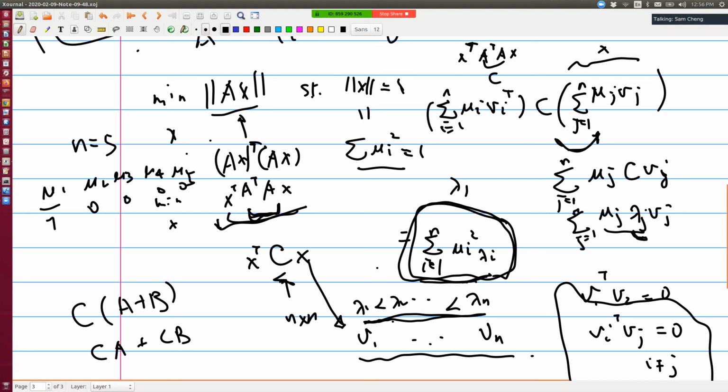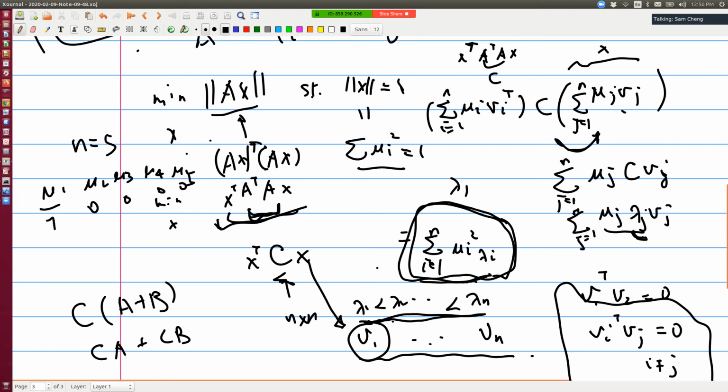Then it will be minimized. I cannot get smaller than that. So basically, I should just pick mu 1 equal to 1 and the rest equal to 0. And if mu 1 is equal to 1, then what is x? x is just equal to v1, right?